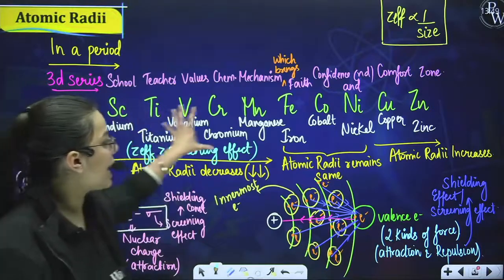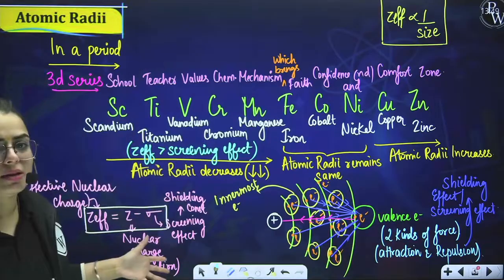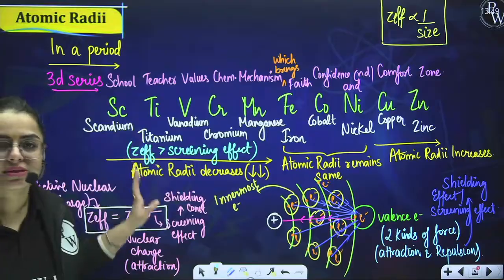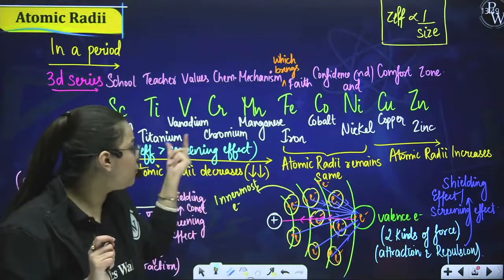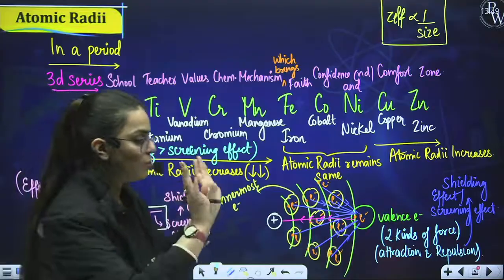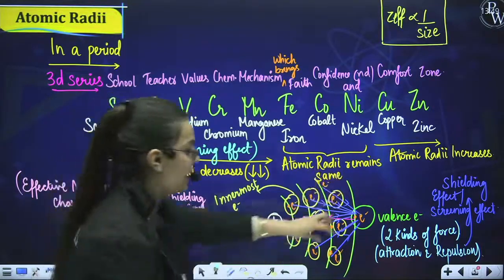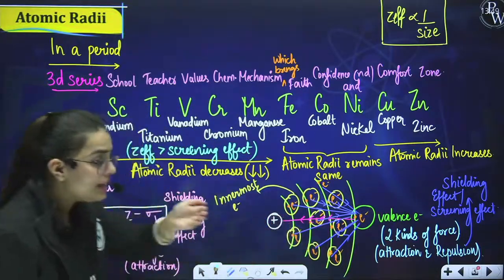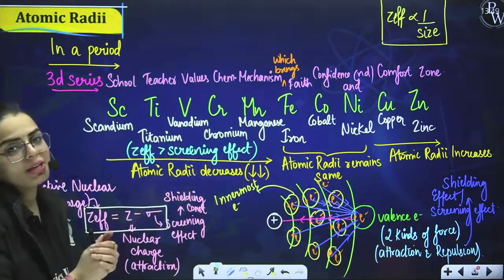When you are moving from scandium towards manganese. Why? Z effective is basically referred to as the attractive force, we can say. Now, just forget Z effective. You know what screening effect is? It is repulsive force. If the repulsive force is less, if the innermost electrons are repelling less, that means now the outermost valence shell electron can come easily inside because the repulsion is less. When it can easily come inside towards the nucleus, obviously the atomic radii will decrease.